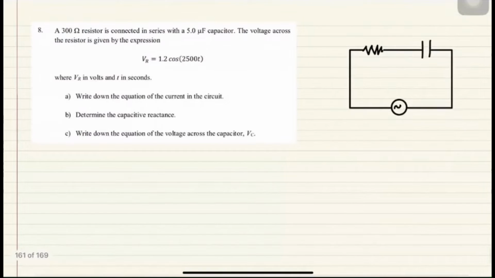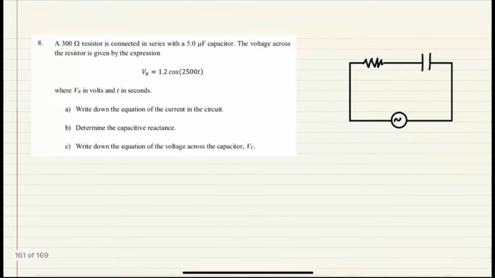I'm not sure whether we discussed this one in this class or not, but let's discuss it. It says a 300 ohms resistor is connected in series with a 5 microfarad capacitor. The first thing you have to do is identify what circuit this is. It has a resistor and a capacitor, so straight away you know this is an RC circuit.